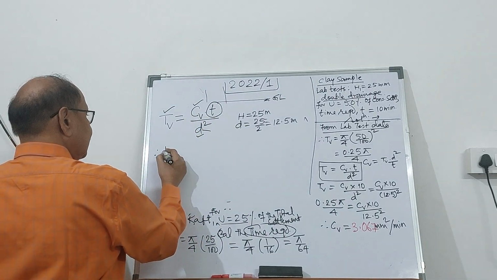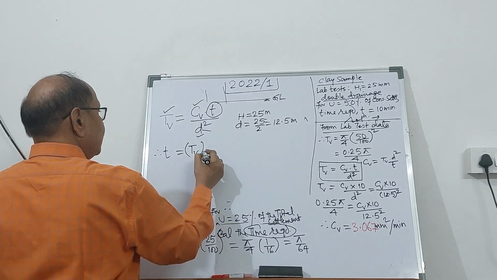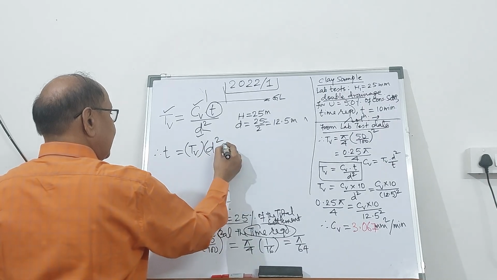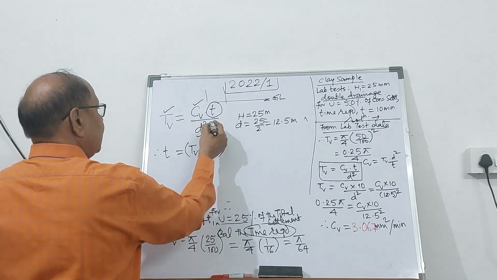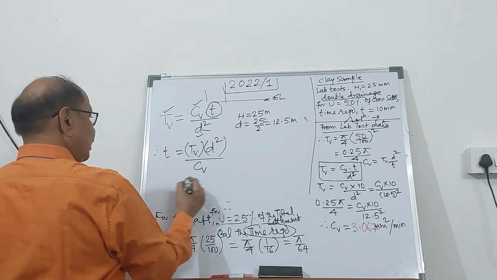Therefore, T equal to TV multiplied by drainage path whole square divided by CV.